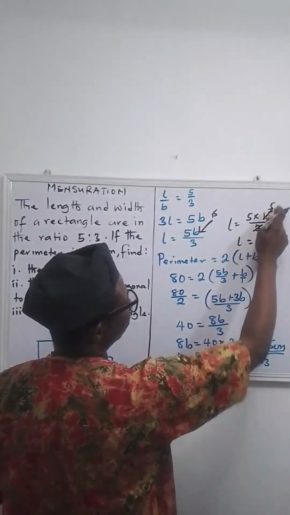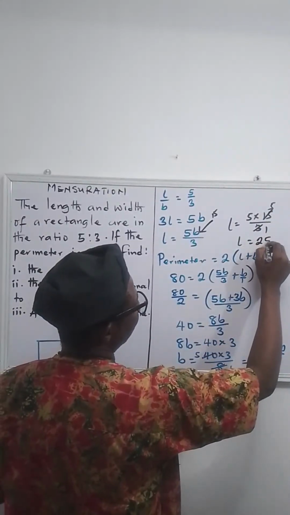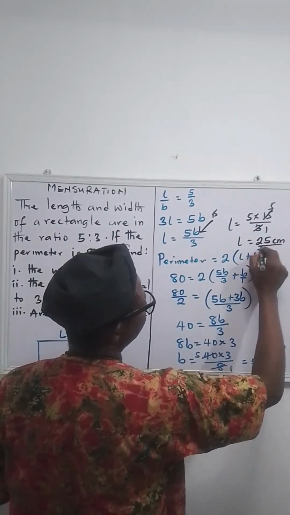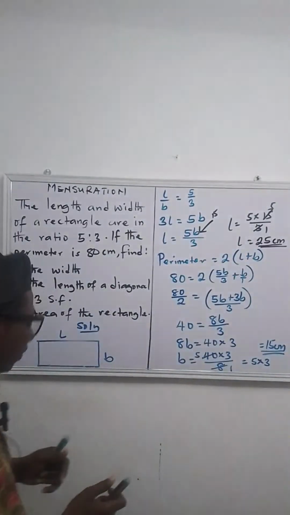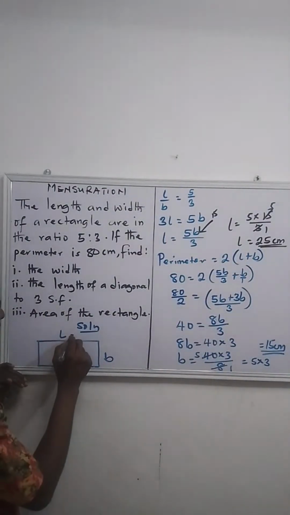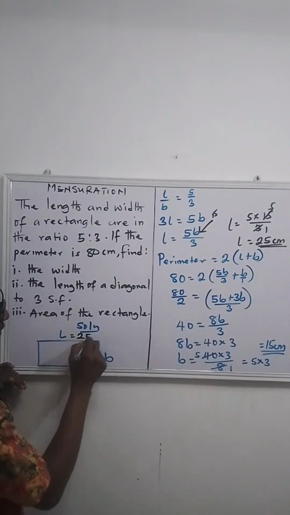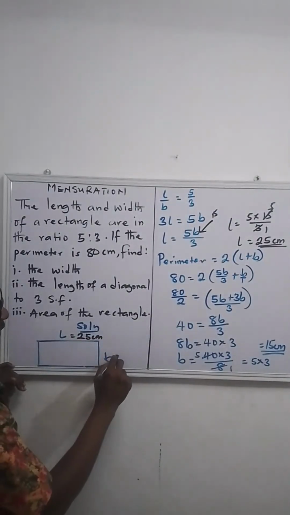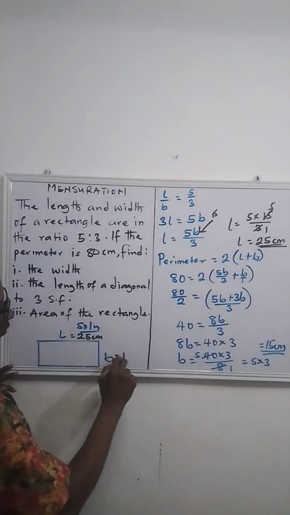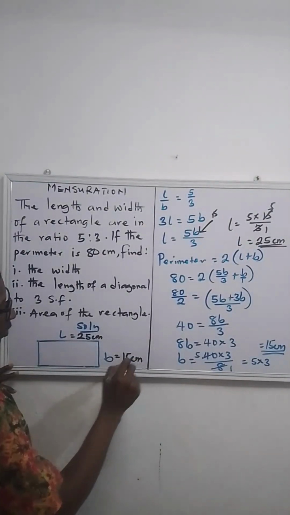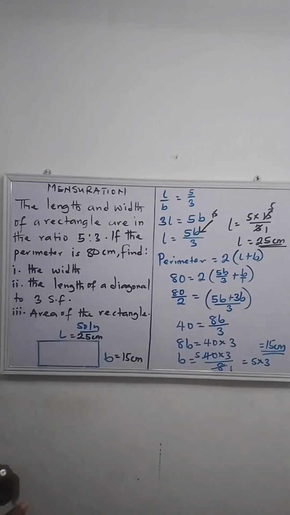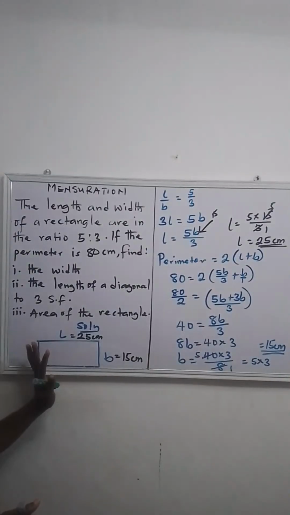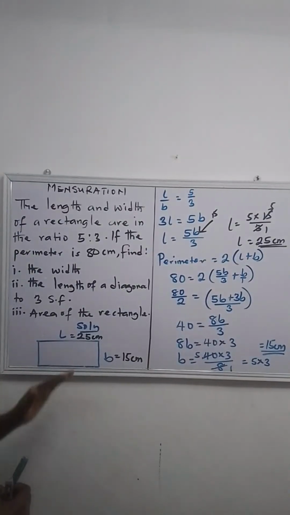So that will be 5 times 5, we have 25 centimeter. So now we have the length to be 25 centimeter, while the width is 15 centimeter. So that's the first task, we have gotten the width.